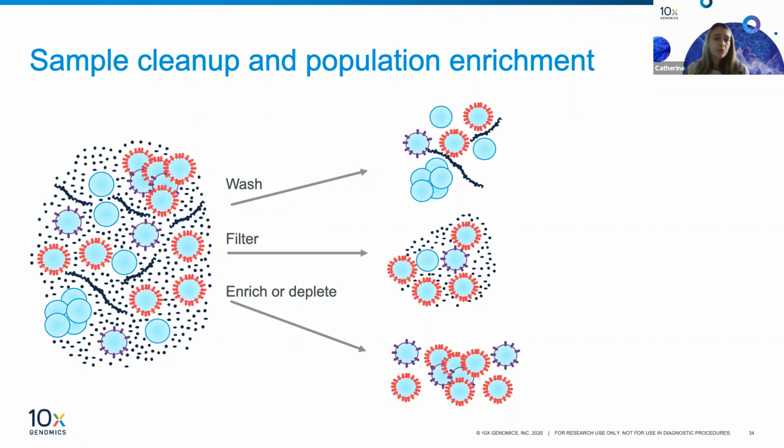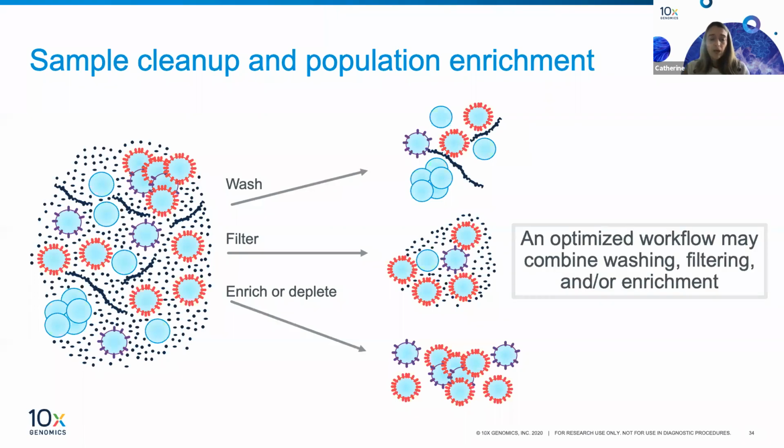It's always important to do washing and filtering to make sure that we have a really clean sample, but of course enrichment and depletion is going to be highly dependent on the sample that you're working with. So getting a combination that works for your sample preparation method and your sample is going to be something that you need to optimize.